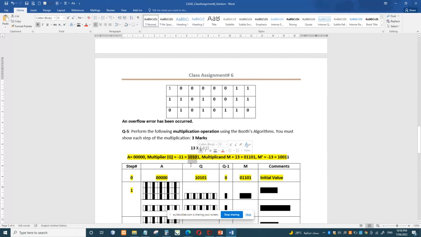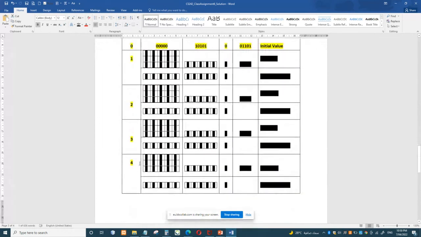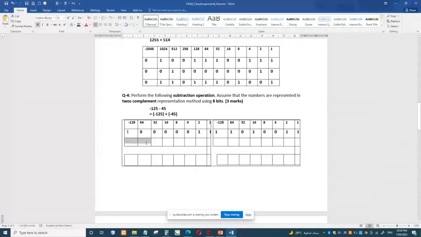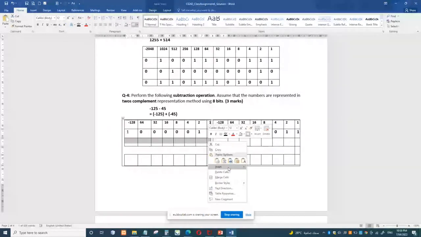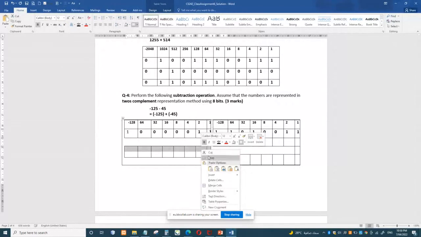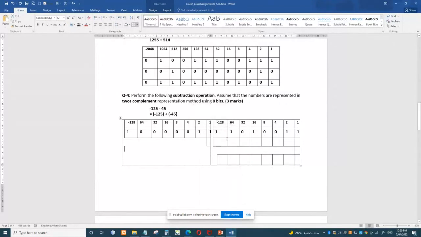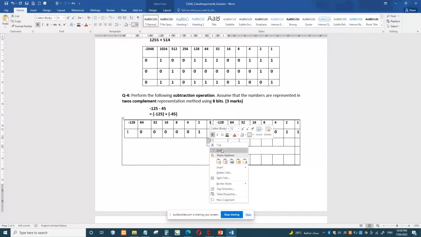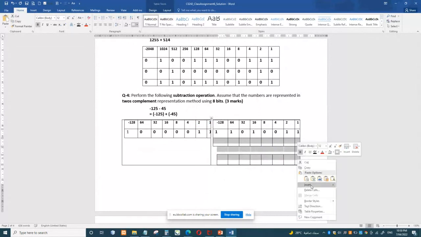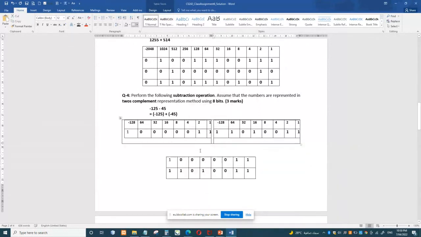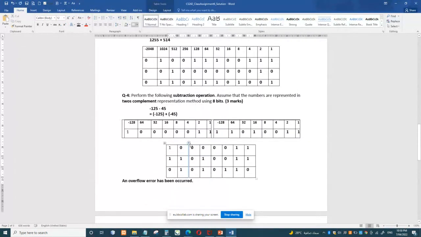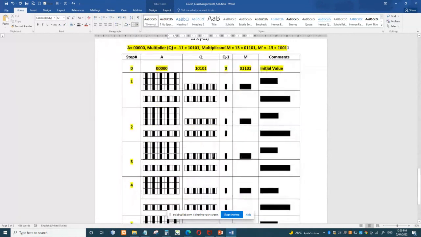Since we have 5 bits, we will have a total of 5 iterations.